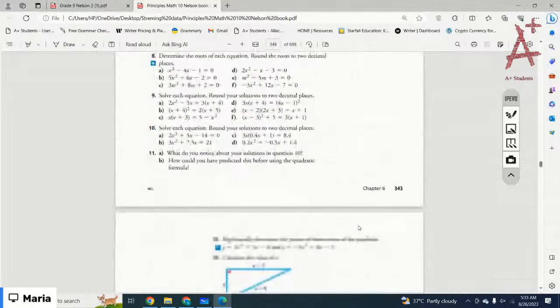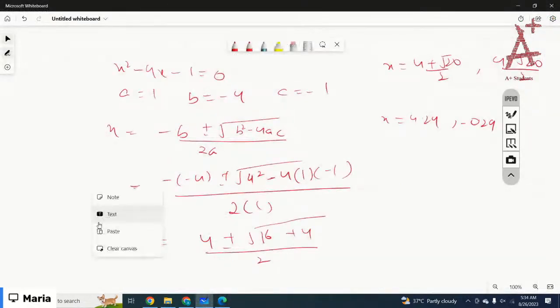Let's start with question number 9. Solve each equation. 2x square minus 5x equals 3 times x plus 4.